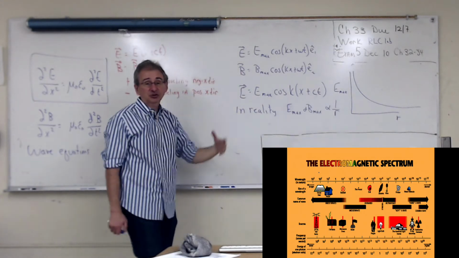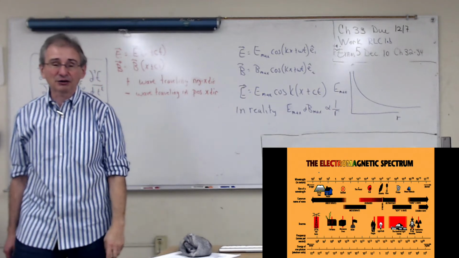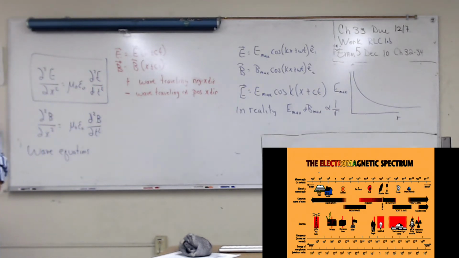That's good for us, because if we had to write the real equations down, that'd be much more complicated. When you take 215, you'll see these equations used over and over to represent optical waves.